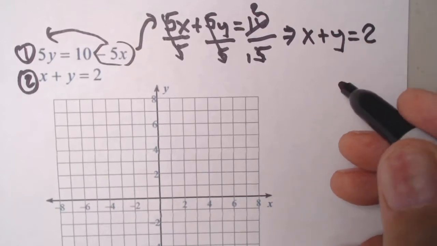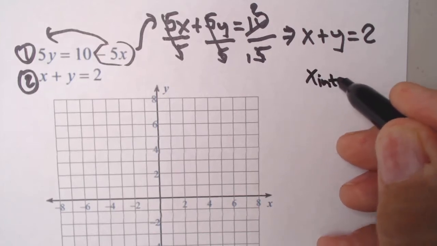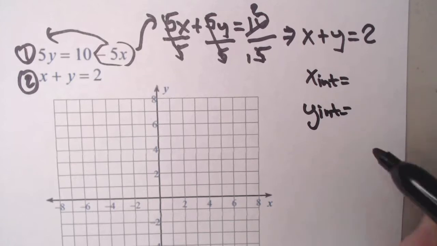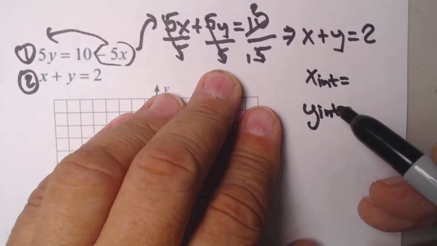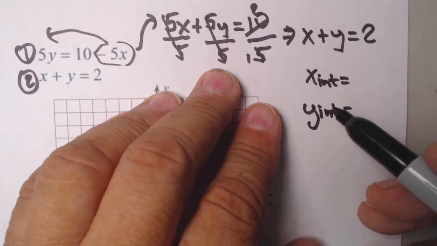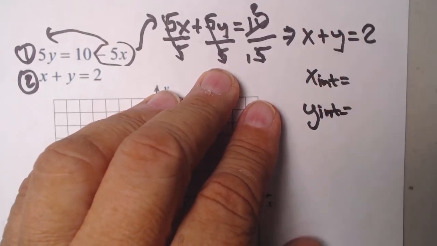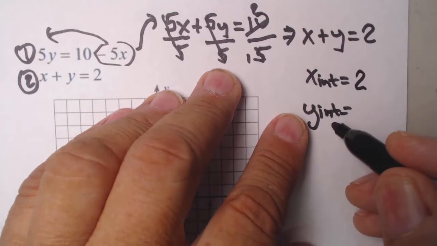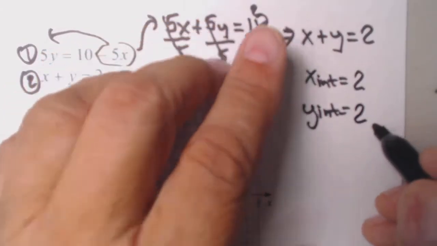Now, let's go back and plot the first one. Find the x-intercept and the y-intercept. Remember, when you do the intercept method, if you're after the x-intercept, the other variable is always 0. So if y is 0, x equals 2. And going after the y-intercept, x is 0, y is also 2.